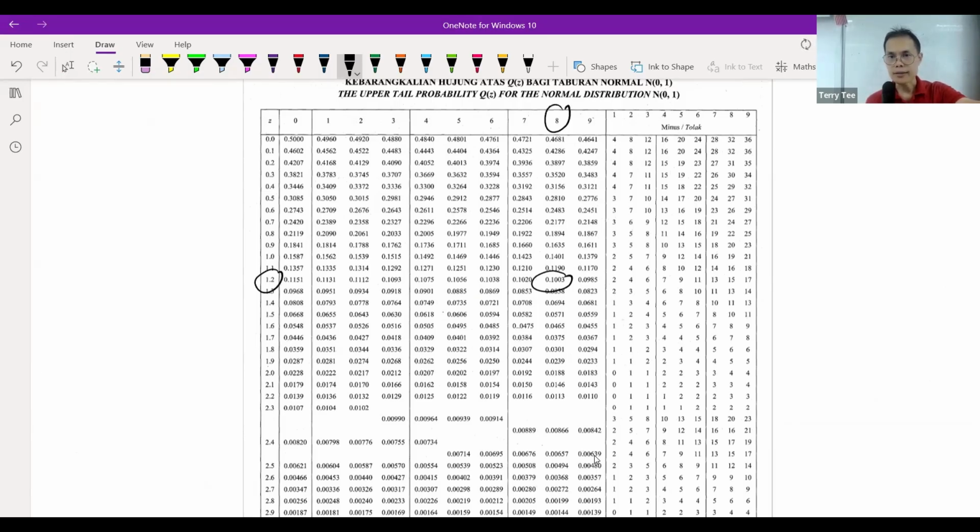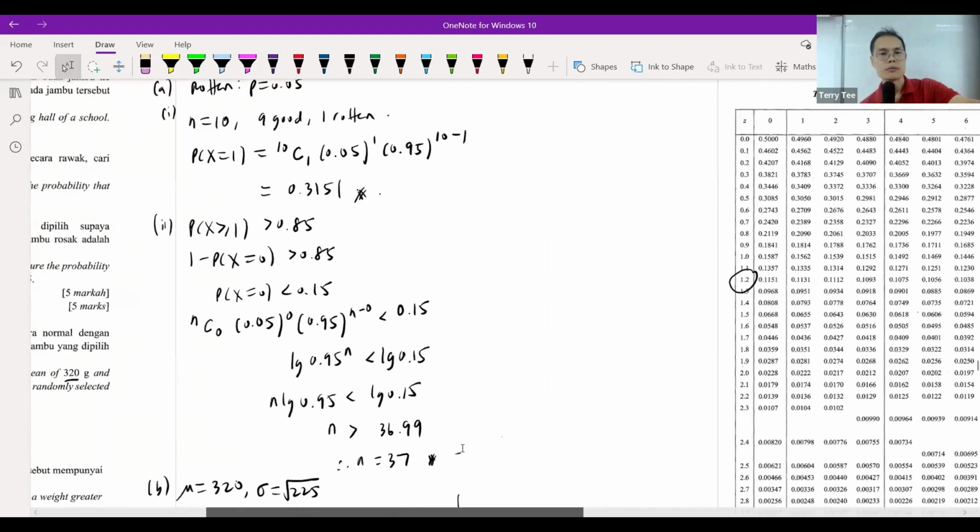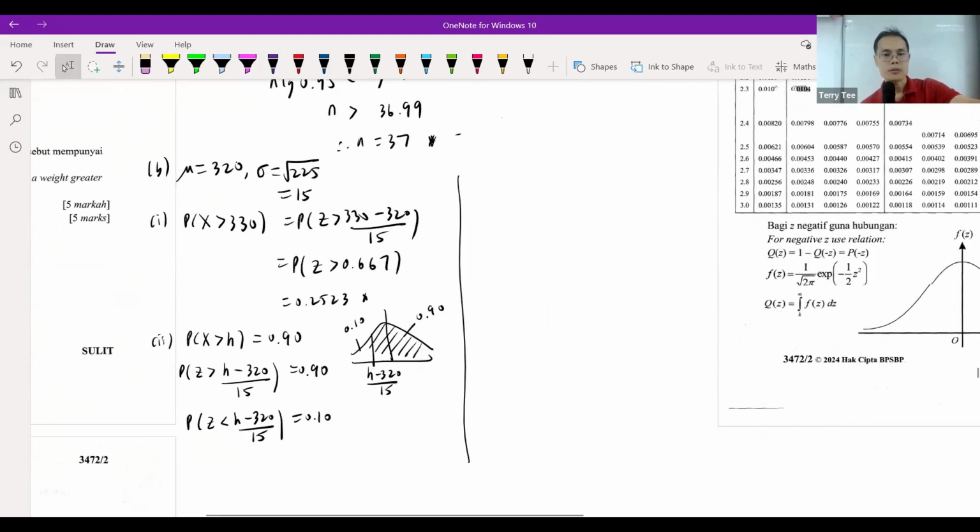So you have to add either 2 or 4. Both can, because you either get 1.281 or 1.282, since you can't get exactly this. There's no 3 here. You can either choose 2 or 4. So it's okay to use 1.281 or 1.282. But what you can do is use your calculator to validate, to see which one is the better answer.